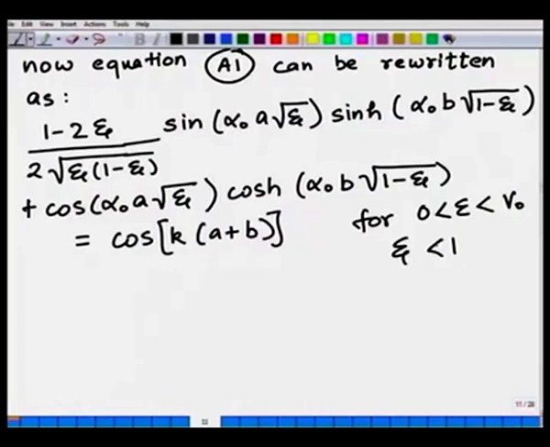These are the conditions, and these are the hyperbolic functions we are using here. The hyperbolic functions appear because now this beta will be an imaginary quantity.